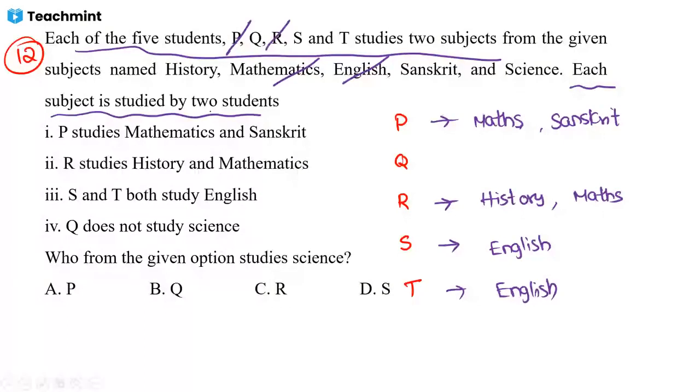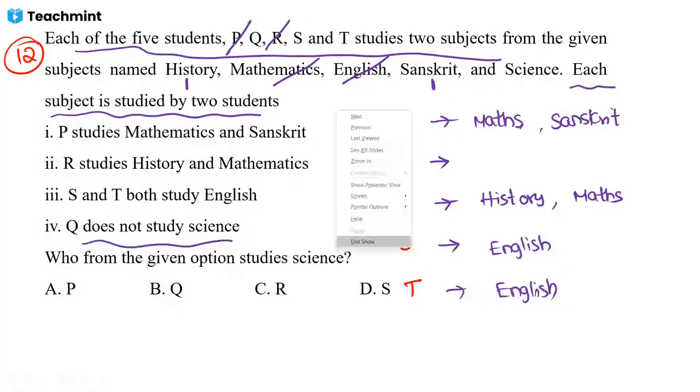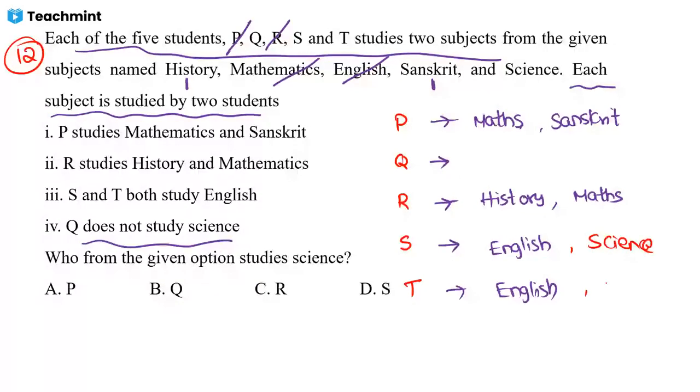Now we have to worry about history and science, which are not at all touched. History 1 slot booked. One slot to be assigned for history, one slot for Sanskrit, and science not at all given to anyone. They mention Q does not study science. So obviously, science should be occupied by S and T. So who is studying science is S and T. Among options, S is there.